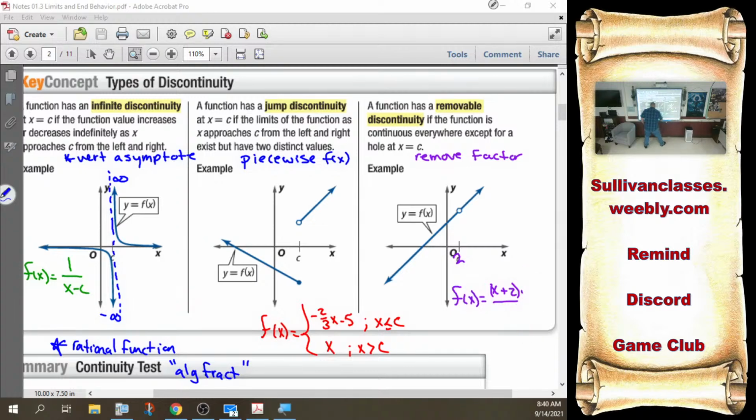If we're going to make it accurate, let's make it accurate, right? So here's what I mean by removable factor. We all know that anything over itself is 1. I have x minus c over x minus c. Those cancel out. Factor over factor.